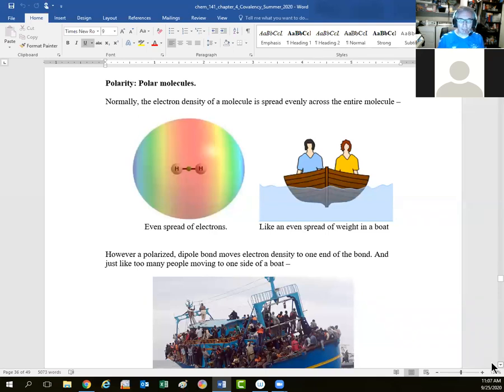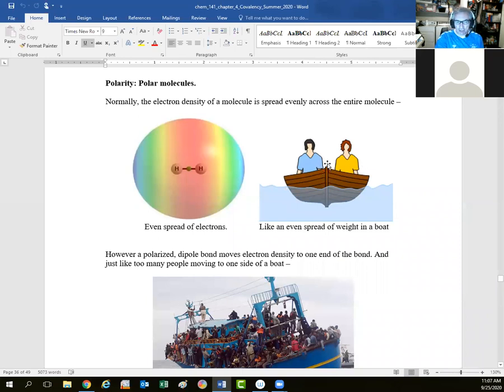And all we mean by polar molecules is that we find more electrons on one side of the molecule than the other. And so one side of the molecule is electron enriched, whilst one side of the molecule is electron deficient. A little bit like needing an even distribution of weight in a boat when you're out to sea.